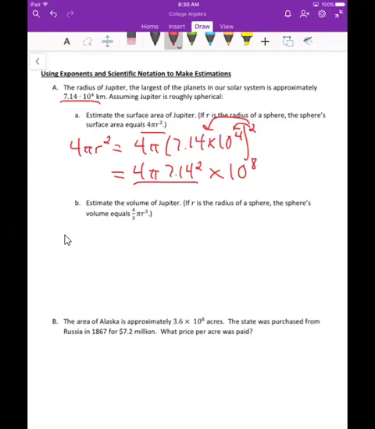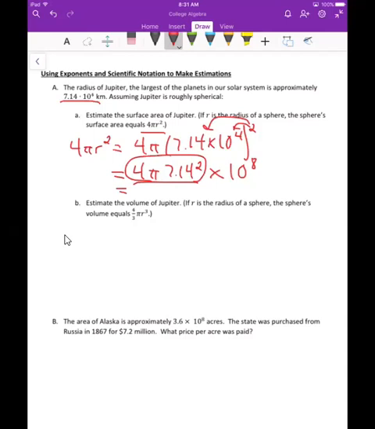And now this is just a small calculation we can plug into our calculator and know that it's times 10 to the 8th at the end. So if you take in your calculator 4 pi times 7.14 squared, you should get about 641. You're going to have to round because it's a number that goes on forever.